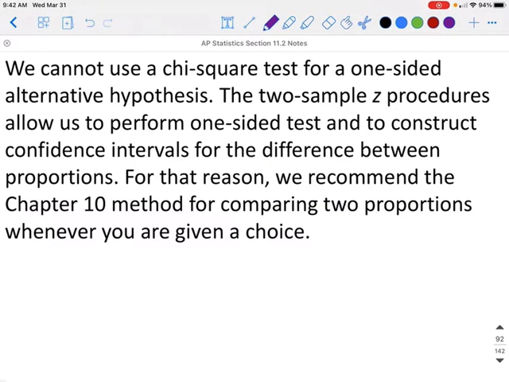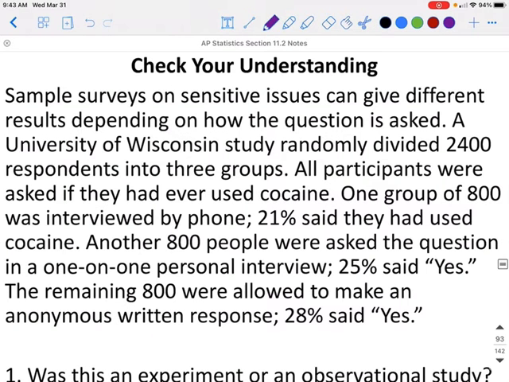So you could only do this if it's not equal to. You can't do it for less than or greater than. The two sample z procedure allows us to do one-sided tests and to construct confidence intervals for the difference between proportions. For that reason, we recommend the Chapter 10 method for comparing two proportions whenever you are given the choice.